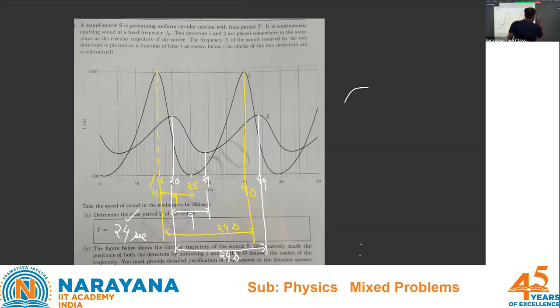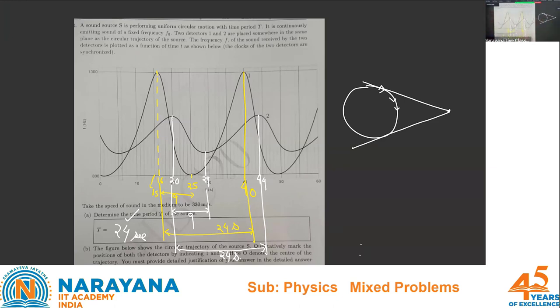If someone is sitting outside and I'm moving like this, this is the position, if I'm moving clockwise, when I will be sending maximum frequency for him. He will receive it after some time, although. And the next time I will send the same for him will be from the same position. So the max to max gap.